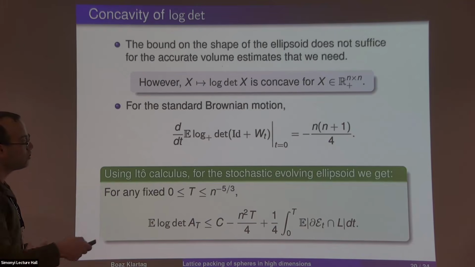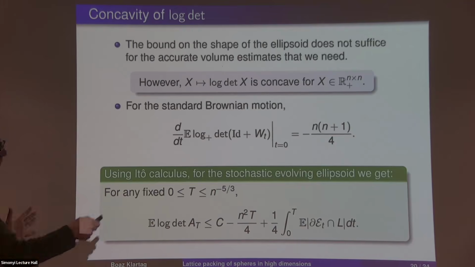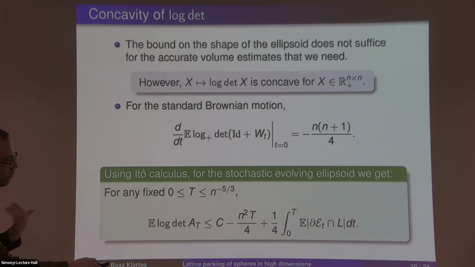And the rate at which it goes down, for the Dyson one, it's minus n squared over 4. And for us, it's not so complicated, just try to understand in which directions the evolution goes, and you lose whenever you evolve in lower dimensions of space, so you pay a fine for the number of contact points.